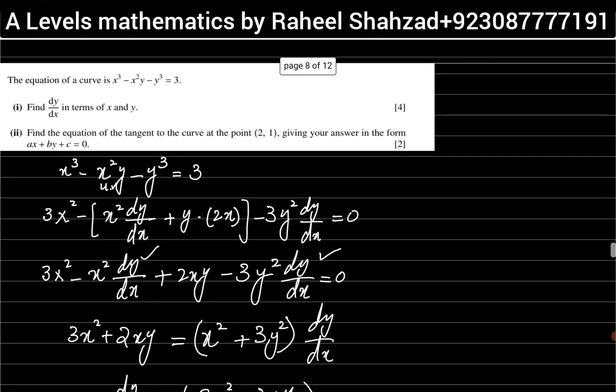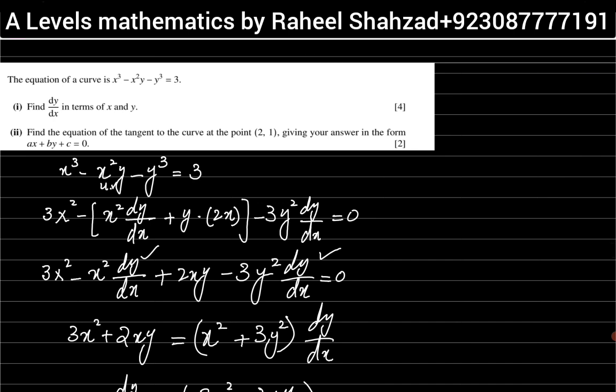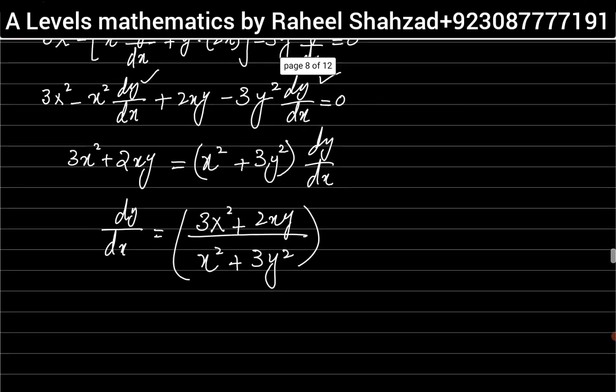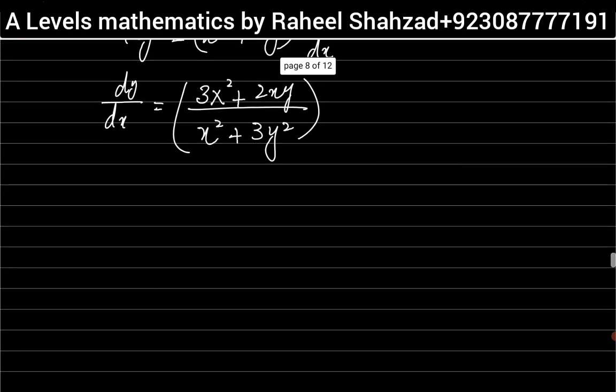So find dy by dx in terms of x and y. So this is my derivative. Find the equation of the tangent to the curve at (2, 1), giving your answer in this form. So at (2, 1), first of all we need to find our gradient at (2, 1), right?